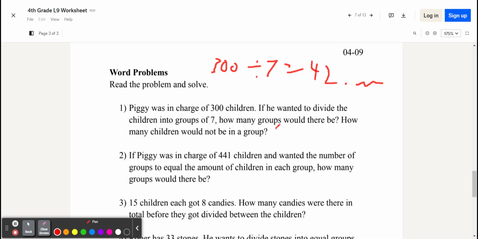And so we know that there will be 42 groups. But 7 times 42 is only 294. That means that there are 6 people who aren't in a group because there are 300 people in total and only 294 are in groups. So 6 kids left over.